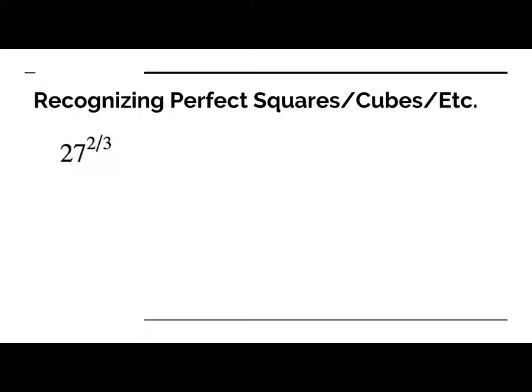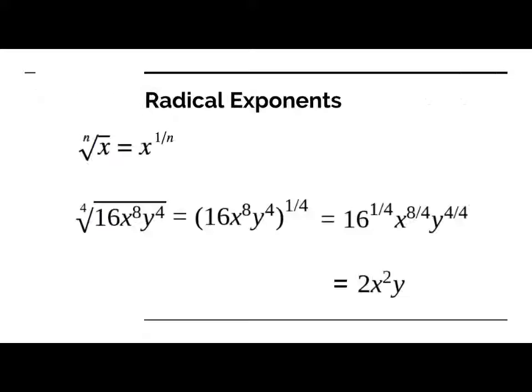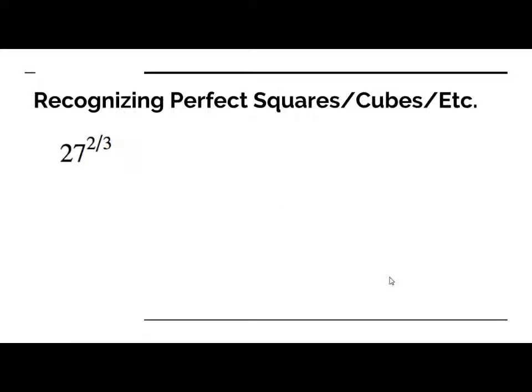One thing I'm going to mention with it is, let's say we have an exponent of 2/3. So again, with that last one, we had 8/4. 8/4 is really the same as 2. 8 divided by 4 is 2. Here we have 2/3. There's two ways of rearranging this, and neither one is better or worse. It depends on you and what you're familiar with.